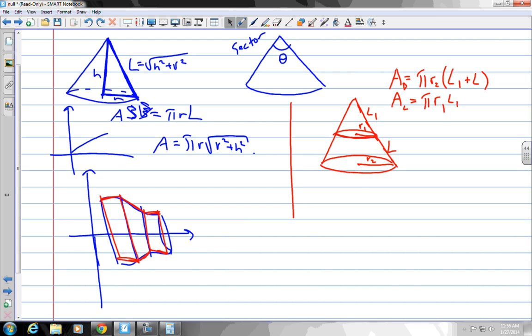So then the surface area that we want is the difference of the two. So it's pi r2 times (L1 plus L) minus pi r1 L1.